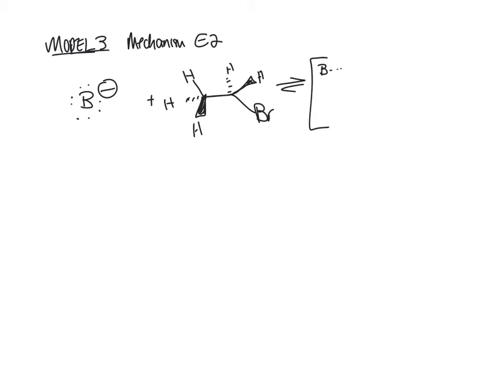Remember? That makes this concerted, like a concert. And that means these bonds are breaking and making at the same time. They're in concert. This is a transition state. There's no intermediate in this reaction, folks. No valley.